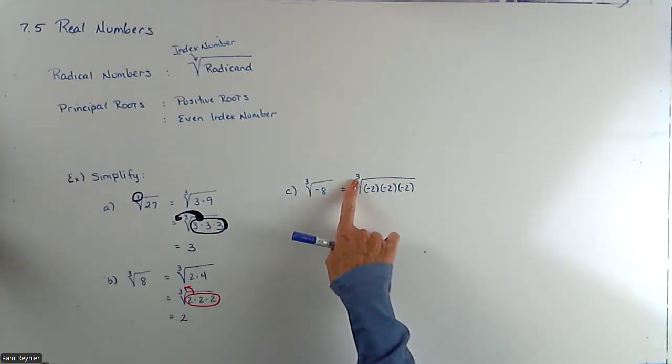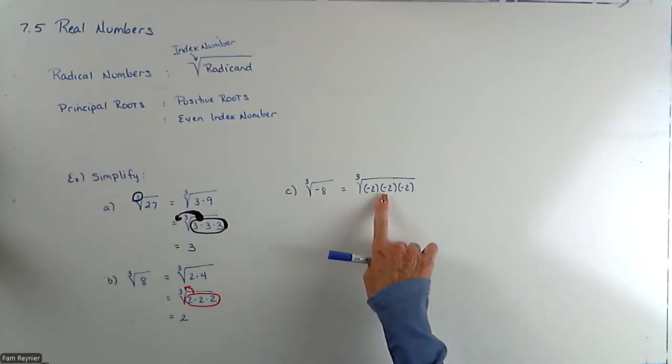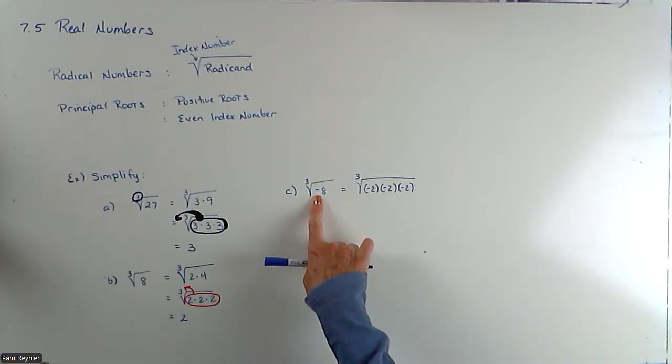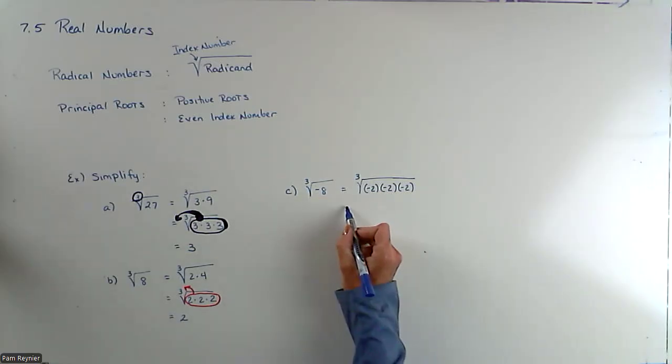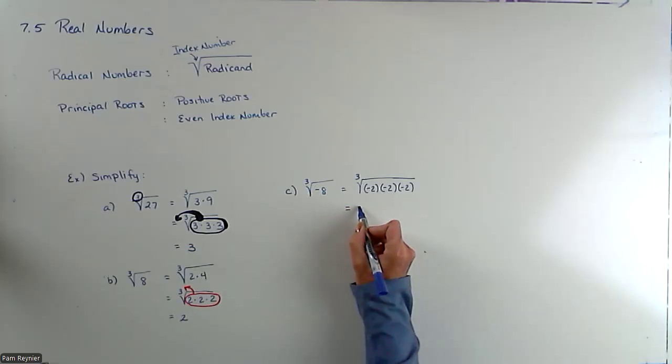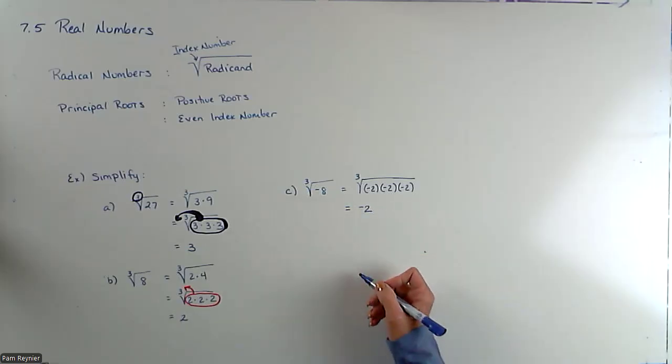So if that index number is odd, remember I can have an odd number of negatives to produce a negative answer. So in this case, what number do we see 3 times? Well, we see the number -2 3 times. So a cubed root or a 5th root can be negative.